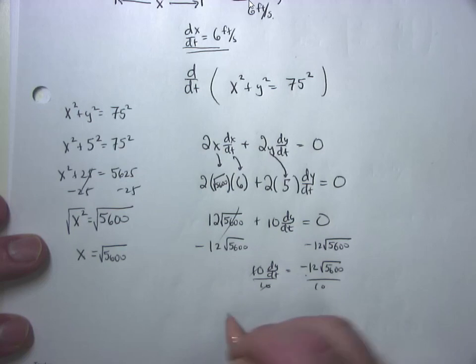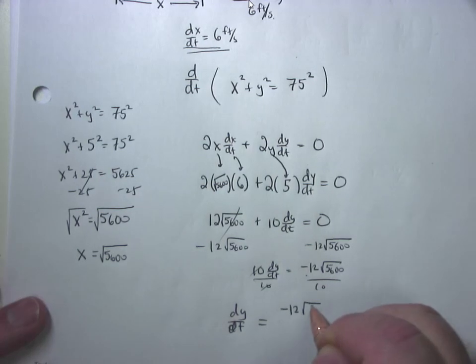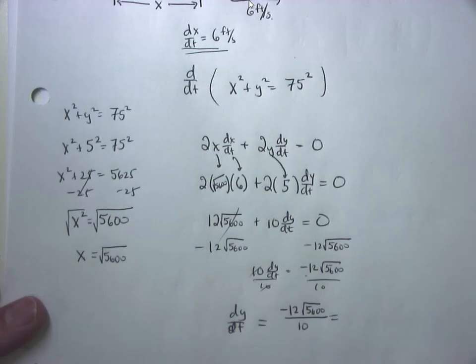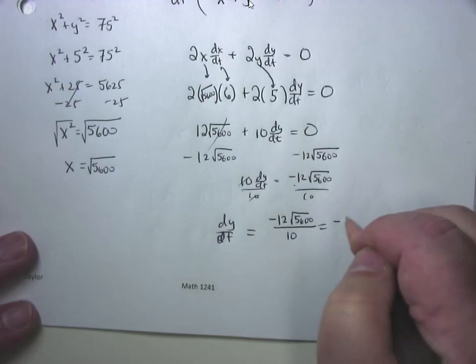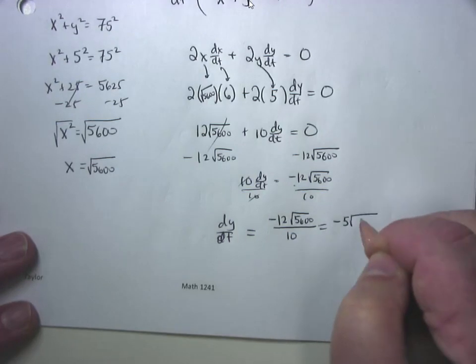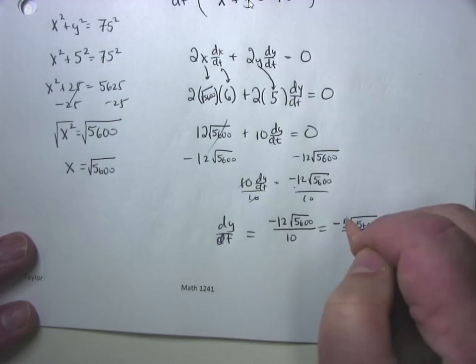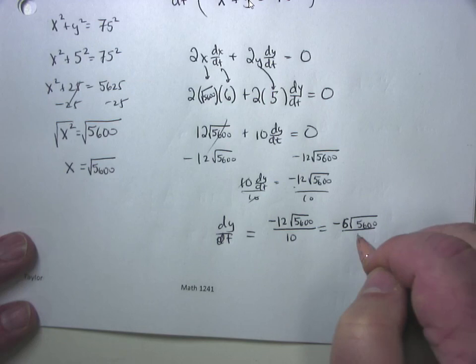And then I'm getting dy over dt is equal to negative 12 times the square root of 5,600 divided by 10. Or for you math majors out there that just got to reduce your fractions, fine. Negative 6 times the square root of 5,600 divided by 5.